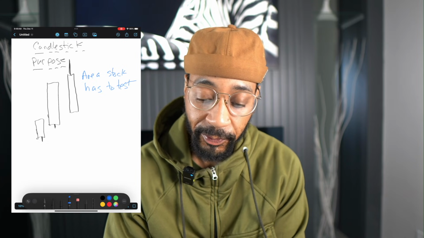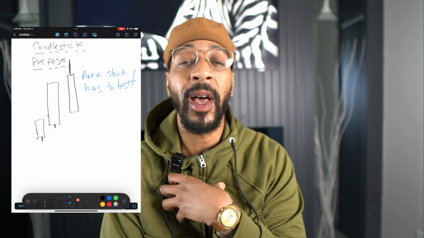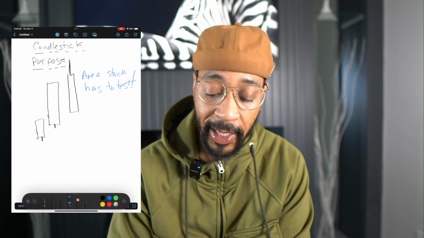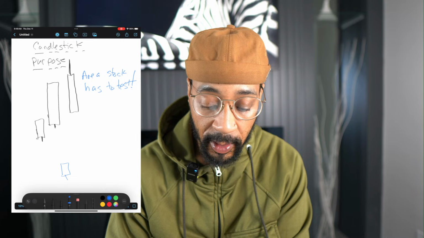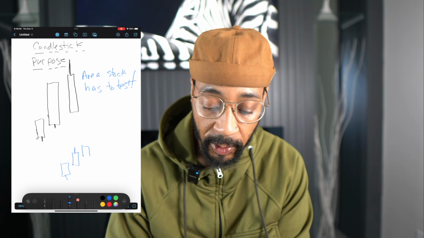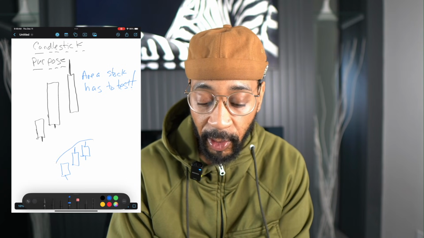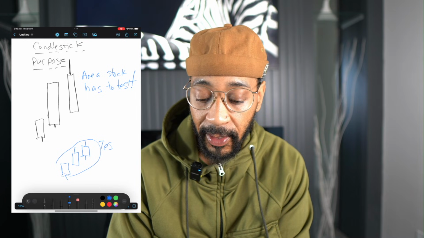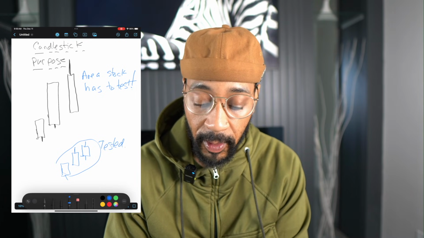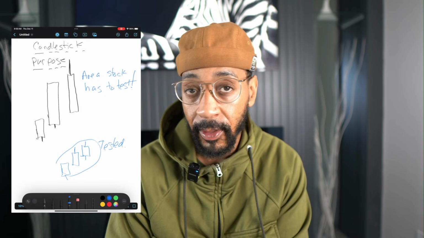Okay? Just that simple. This is how I look at it. This is my interpretation of it, right? So if I see one candle here, another candlestick here, and then another candlestick right here, I know that this whole area has been tested. Okay? This whole area has been tested.